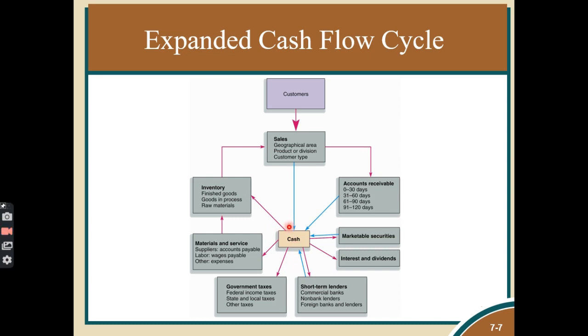On the other hand, your cash will decrease if there is an outflow, and the outflow of your cash will usually be coming from the purchase of inventories, purchase of materials and other services, payments to the government, payments to your lenders, payments for interest and dividends and other non-operating expenses, and whenever you purchase marketable securities. So that's basically what's going to happen.